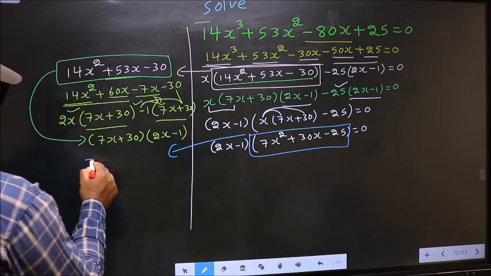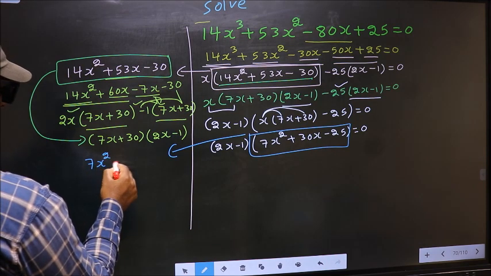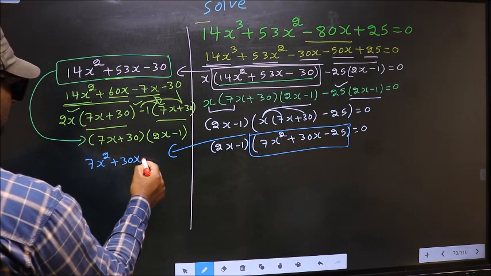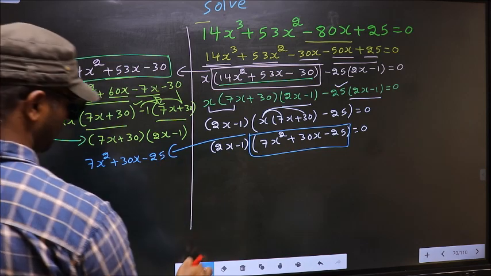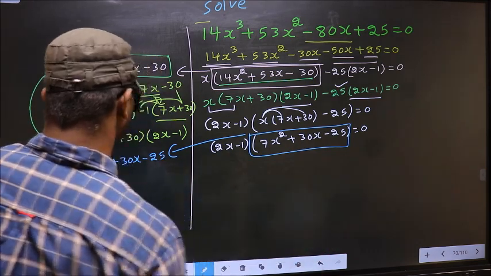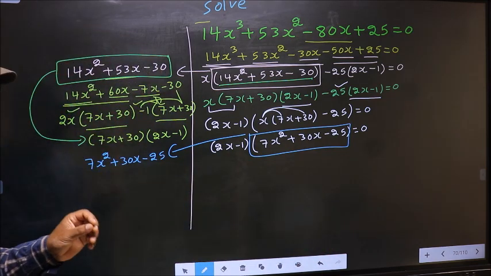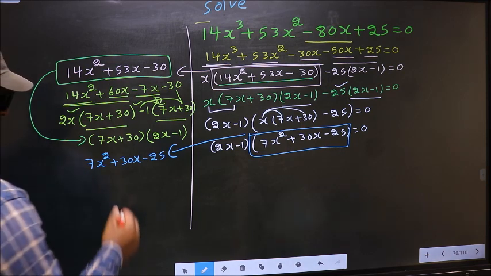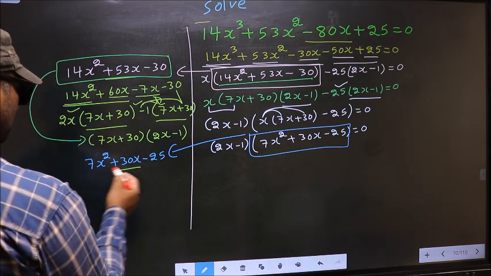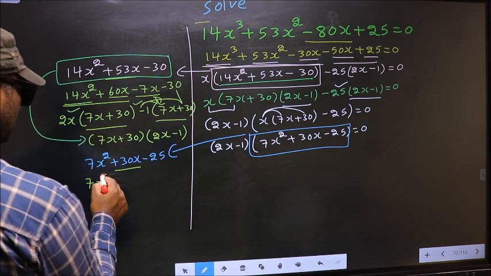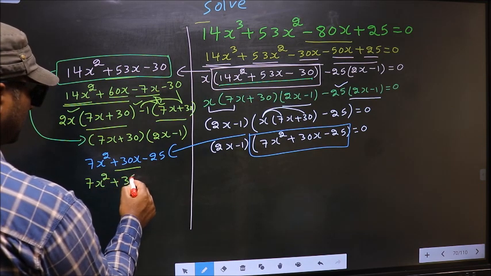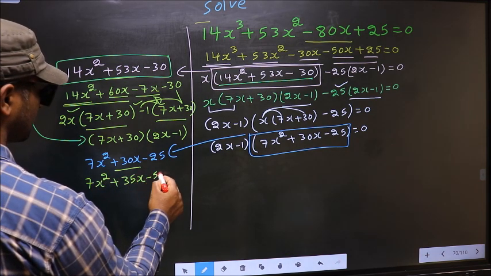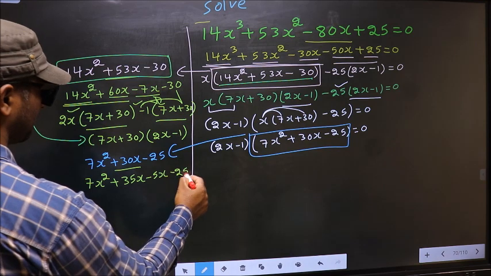That is 7x square plus 30x minus 25. To factorize this, we should split the middle term plus 30x. So in place of plus 30x, now I write plus 35x minus 5x minus 25.